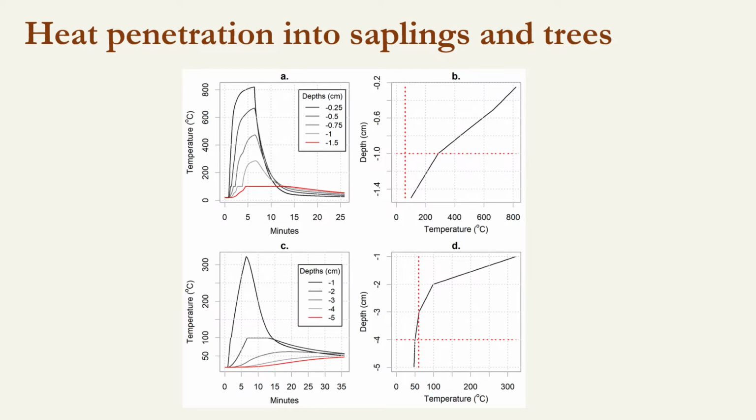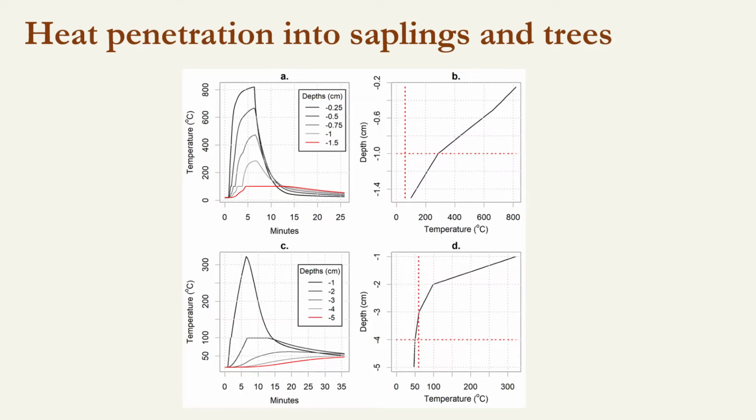In the mature tree, the effect is quite different, because we're dealing with thicker bark to start with, and so we've got a lot further for that heat to penetrate. Again, we can see that at the second centimetre into the tree, the temperature doesn't exceed 100 degrees because of the water effect, and that blocks the deeper areas of bark and phloem from heating.